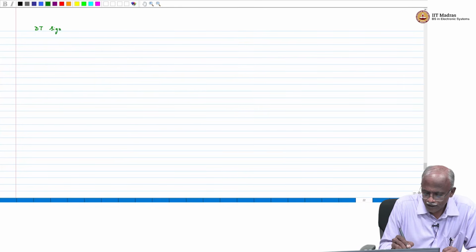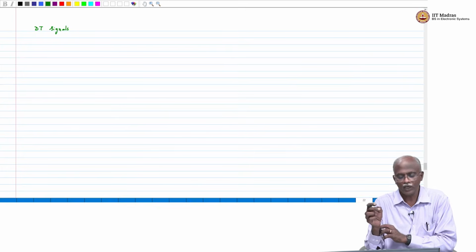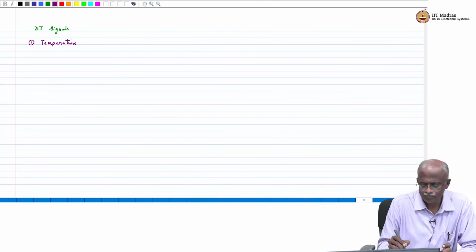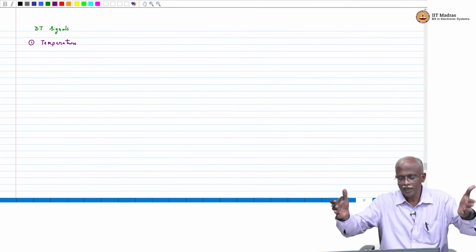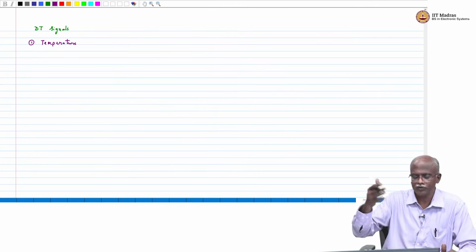These are signals which are inherently discrete in time. So, for example, if you have a thermometer which measures the temperature once in every hour, you have some process that is running, let's say a steel mill, and you are taking the temperature every hour of the system.